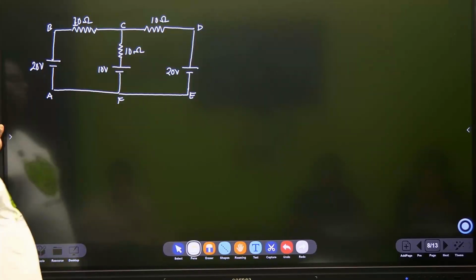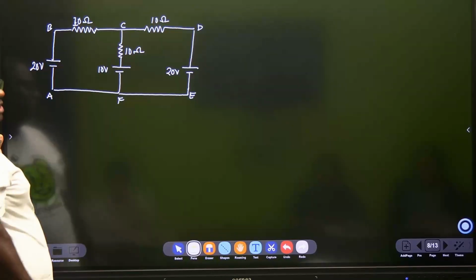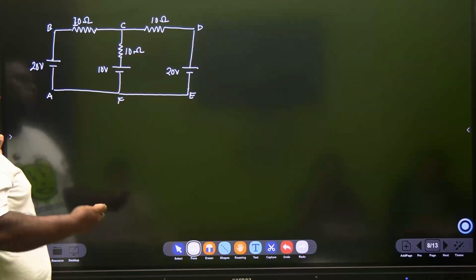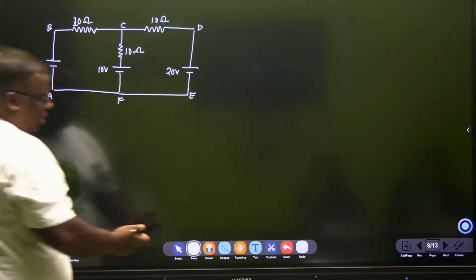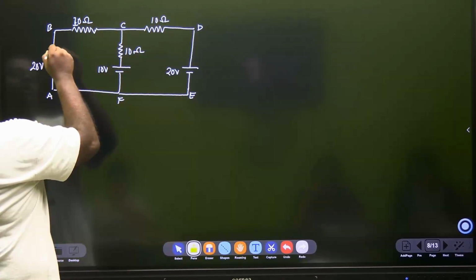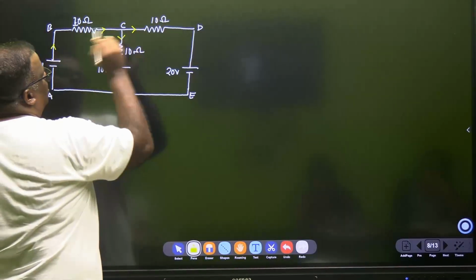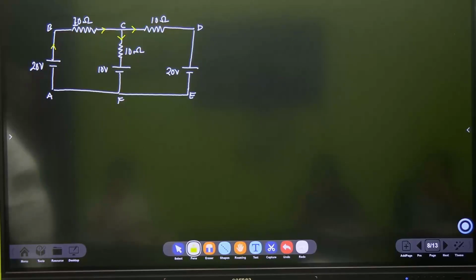So we need to now give our currents. Now your wish, you can draw the current from any of the cells that is of your interest. So both are 20 volts. So let's start drawing the current. Let's say we give a current direction here. This current is going in this direction. So obviously the current has to split. Yes or no? We have to apply Kirchhoff's law.